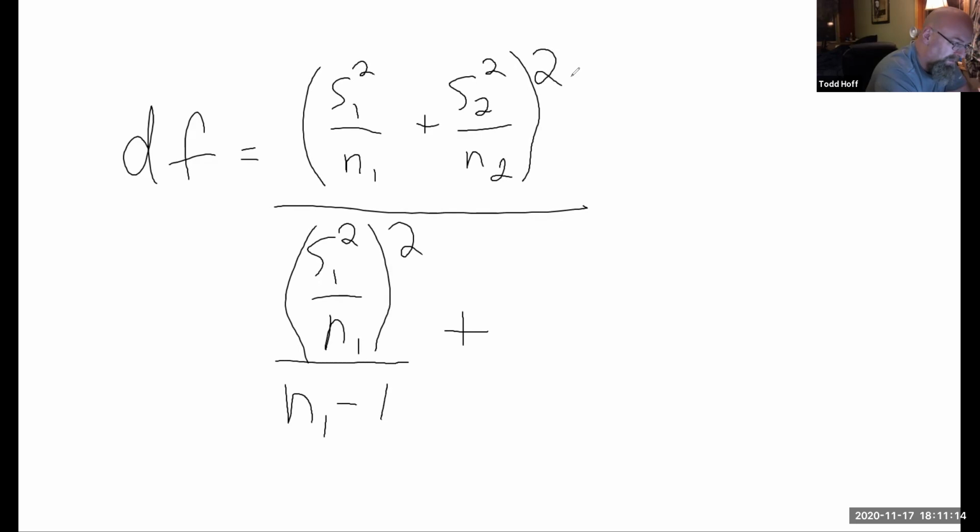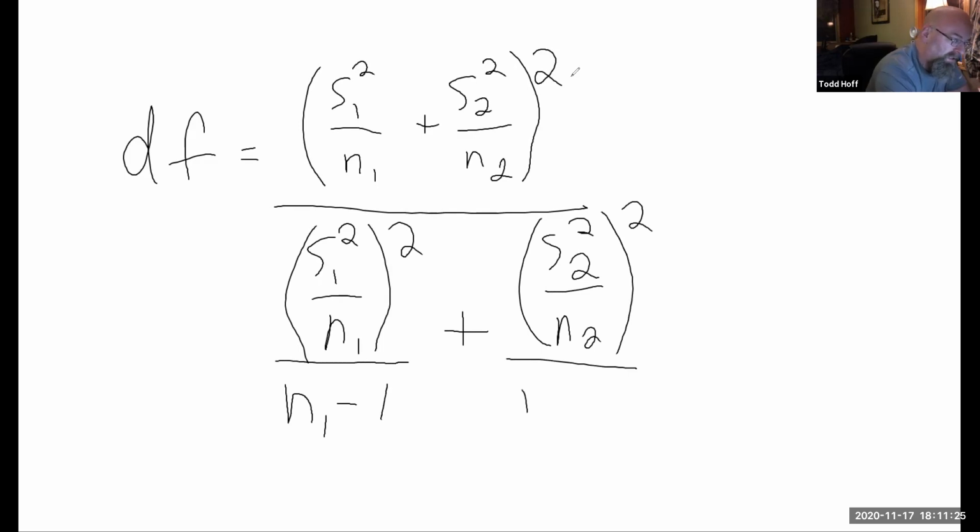Plus the same thing for sample 2: the standard deviation of sample 2 squared divided by the size of sample 2, that ratio squared over n2 minus 1.